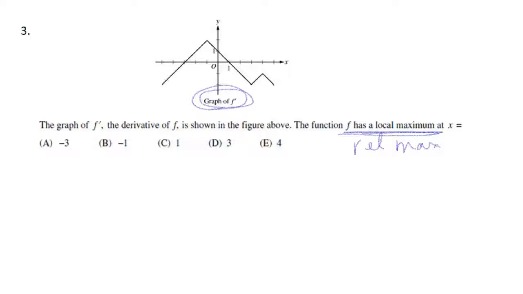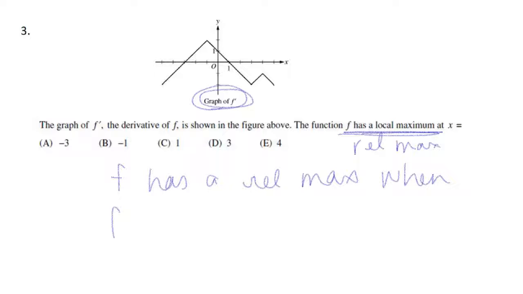Okay. So where in the world would my original function have a relative max when I'm given the graph of f prime? Well, let's think about this. f has a relative max. Do y'all remember writing all this? When what happens to our derivative?